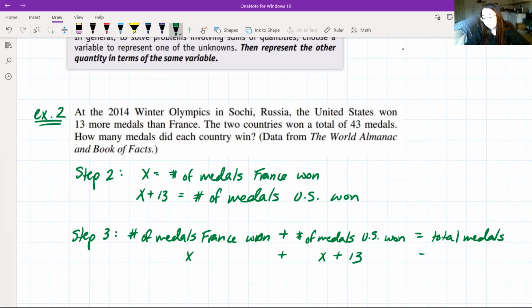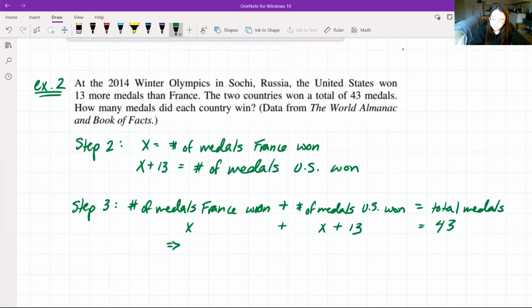And our total medals was 43. So this gives us our equation of X plus X plus 13 is equal to 43. So this is our equation.